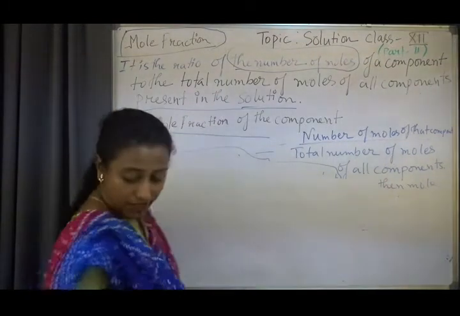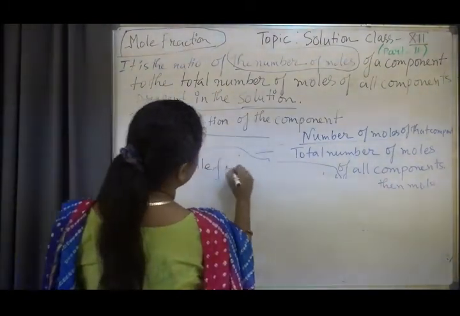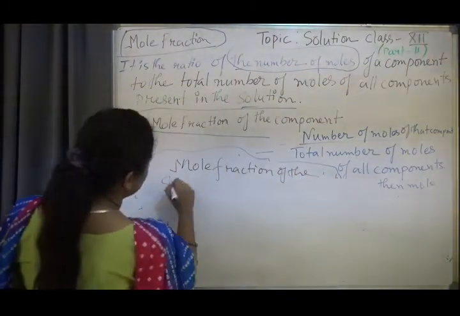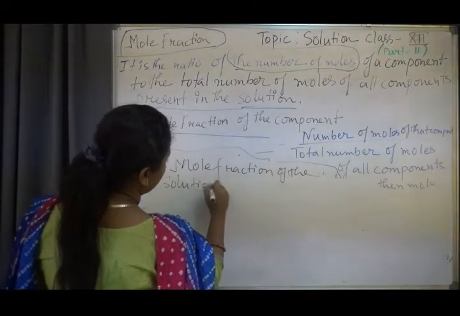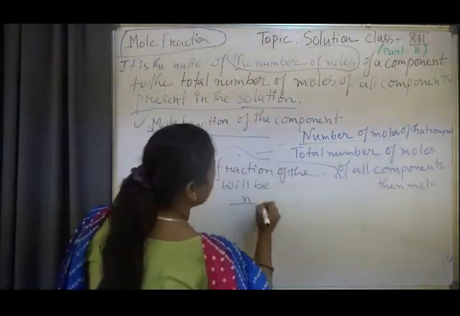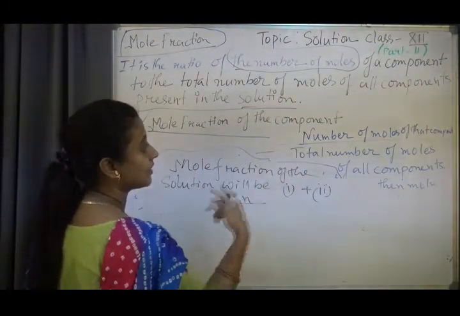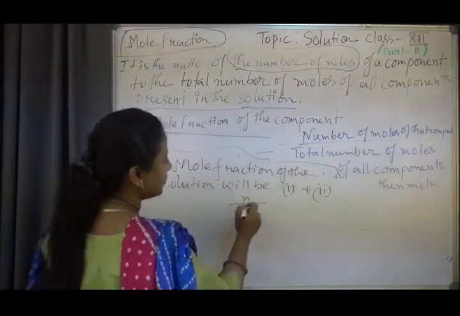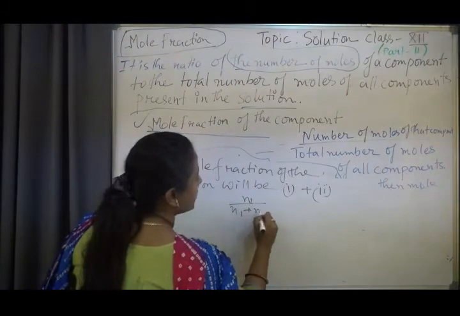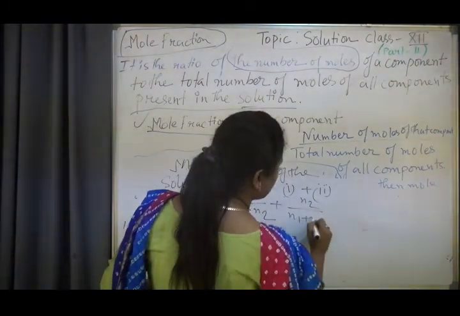So the sum of the mole fractions of the solution will be what I have written, number 1 plus number 2. As there is lack of space, I have to recapitulate: number 1 was n1 by n1 plus n2, and number 2 was n2 by n1 plus n2.